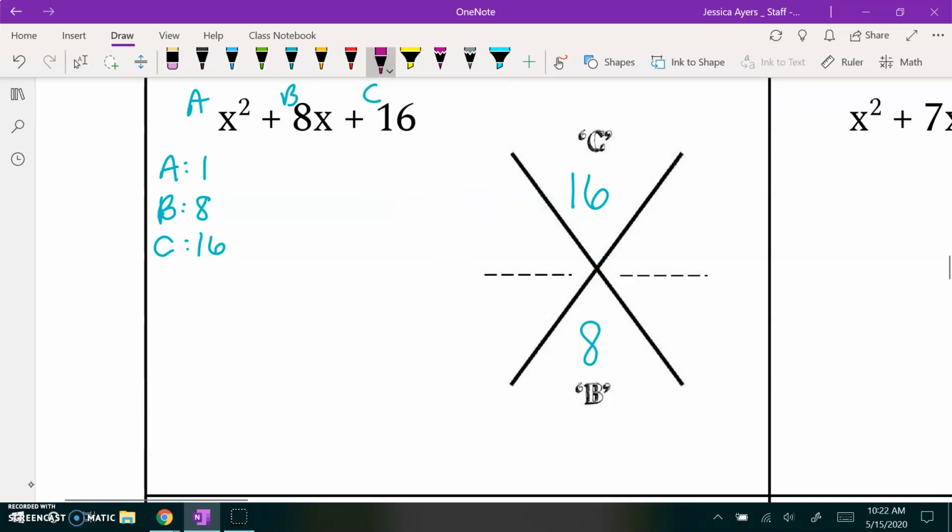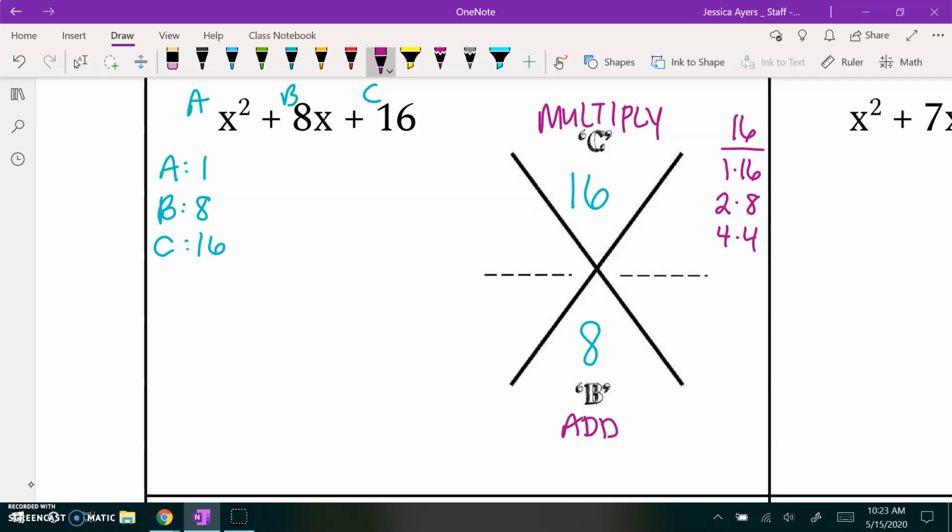Now we want to think about, all right, what will multiply to give me 16 and add to give me 8? If you're not very good with your factors, then you might come over here and make a quick factor list of 16. So 1 times 16, 2 times 8, and 4 times 4.